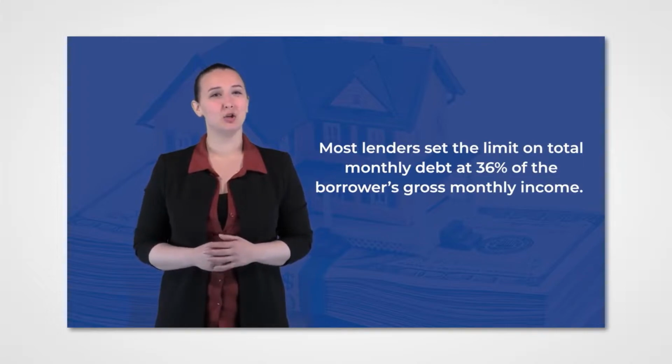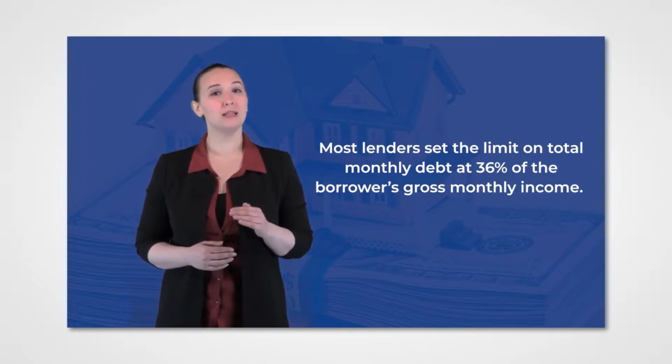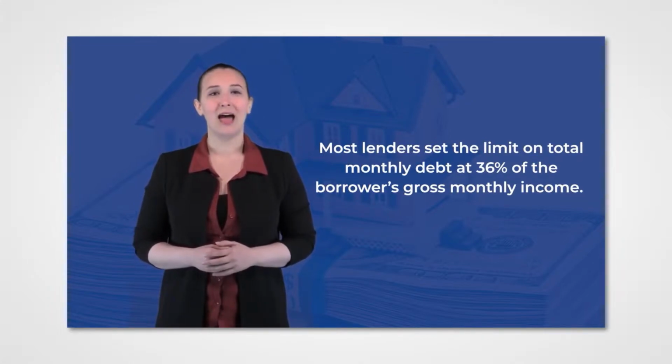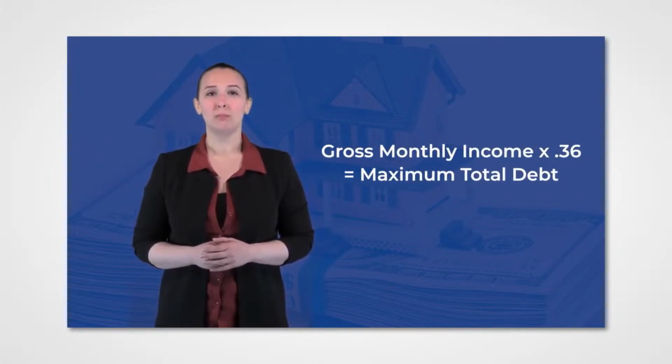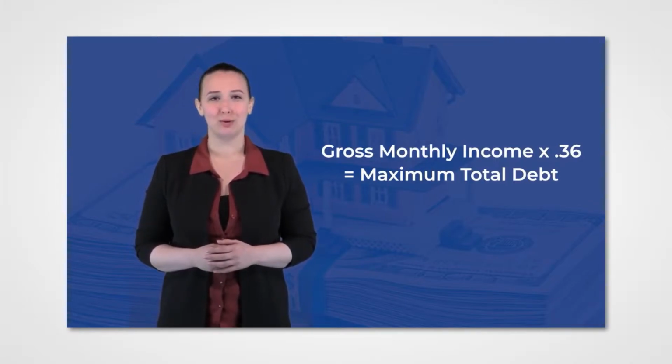At the same time, most lenders set the limit on total monthly debt at 36% of the borrower's gross monthly income. That maximum total debt threshold is determined this way. Gross monthly income multiplied by 0.36 equals maximum total debt.